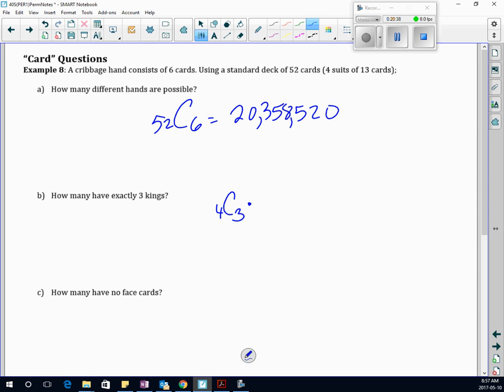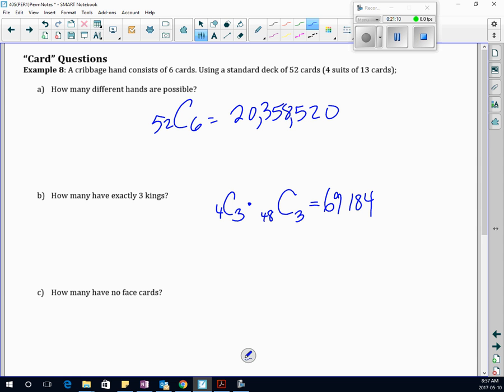So how many aren't kings? 48. And how many cards do I need to make a crib hand? 3 more. Okay, does anybody know what 4 choose 3 is equal to? What does 4 choose 3 equal? It's equal to 4. Very good. So you get 69,184.